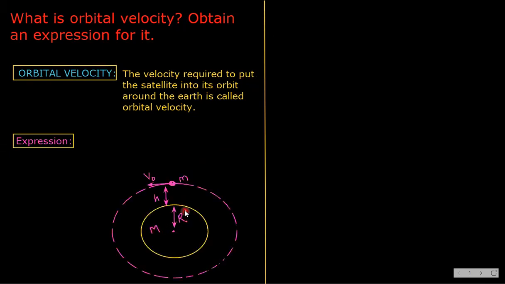See the diagram. You can see this is the Earth whose mass is M and radius is R, and this is the satellite whose mass is small m, and it is revolving at height h above the Earth's surface, and orbital velocity is v0.